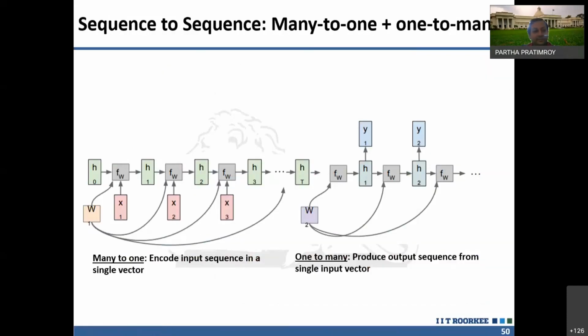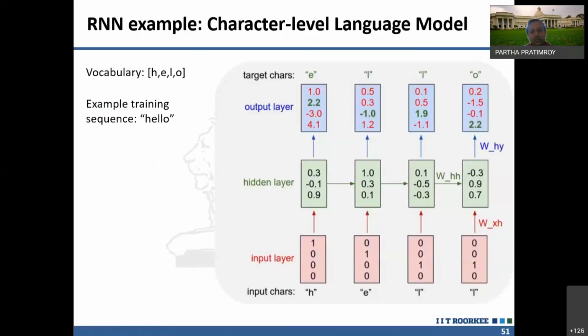Okay, I'll just give you one example, and then we'll see how it actually works. Let us consider character level language models. You have a set of characters, HELO. The input could be one of these characters: input x1, x2, x3, x4.